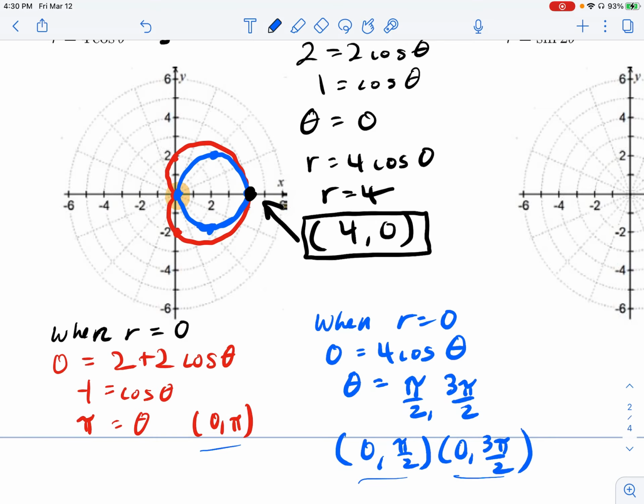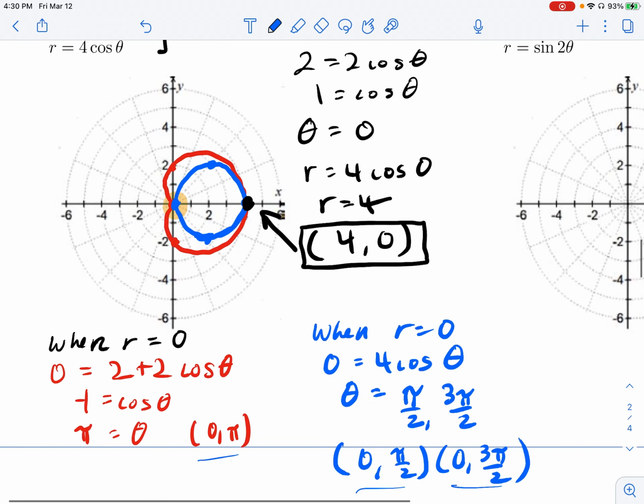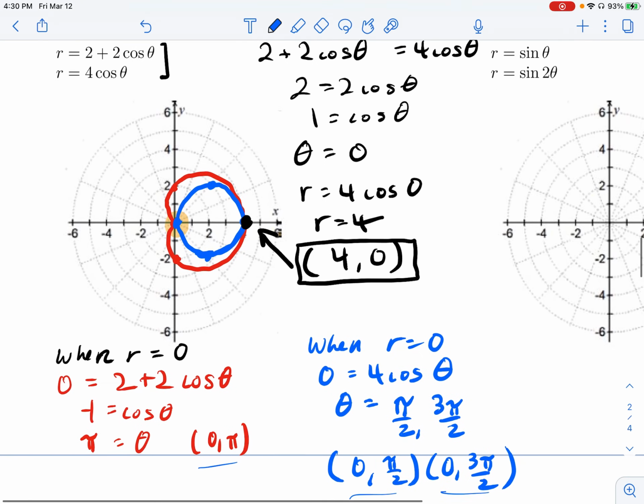So what's happening here? This is what's so interesting and also maddening about polar functions: they don't behave like rectangular functions. Even though it looks like the graphs are intersecting at that point, those functions are hitting that origin, that pole, at different angle measures. For the cardioid, it hits the pole when theta is equal to pi. For the circle, it hits the pole when theta is equal to pi over 2 and 3 pi over 2.